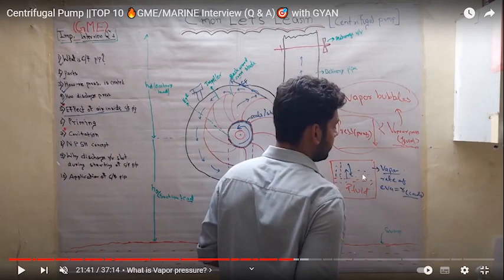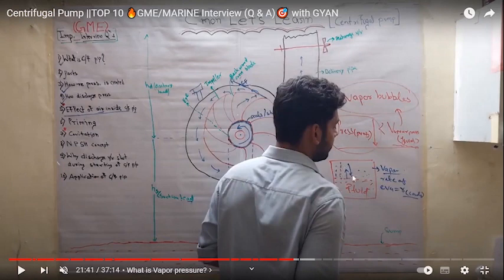And the pressure due to this vapor, the vapor pressure, is the pressure which is exerted by the fluid. There will be evaporation, and at the same time there will be condensation also.